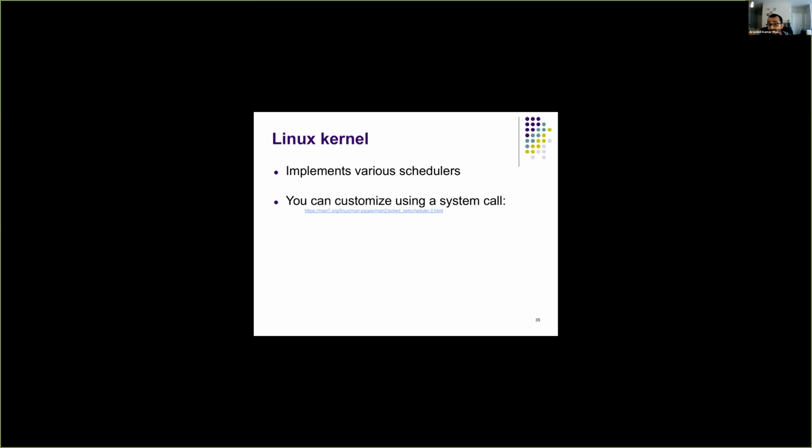By the way, you can actually customize the scheduling policy of the Linux kernel. There is a system call called set scheduler, where you can set the current scheduling policy on your system. You can explore this system call and I'll try to post a few examples.